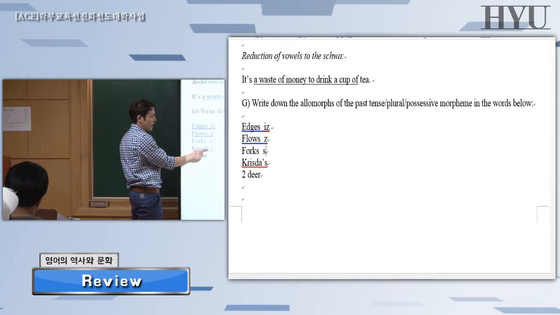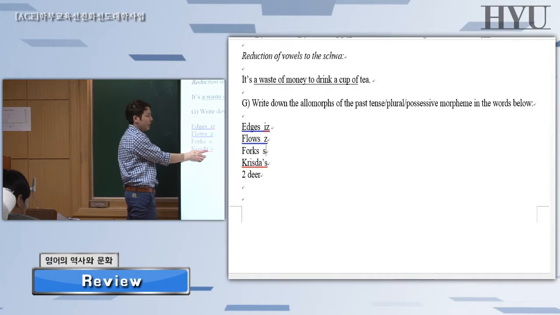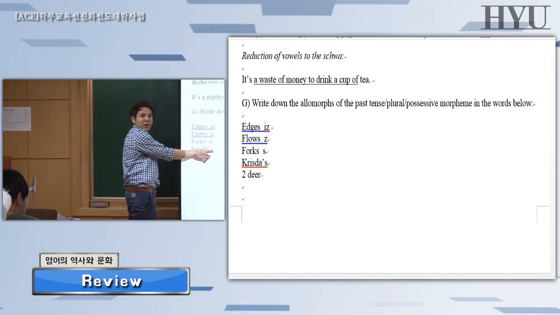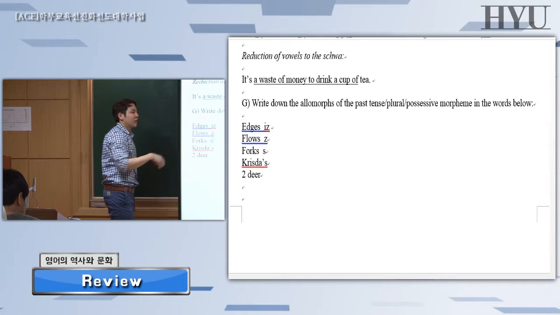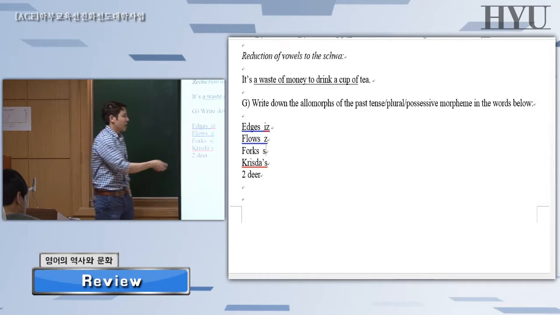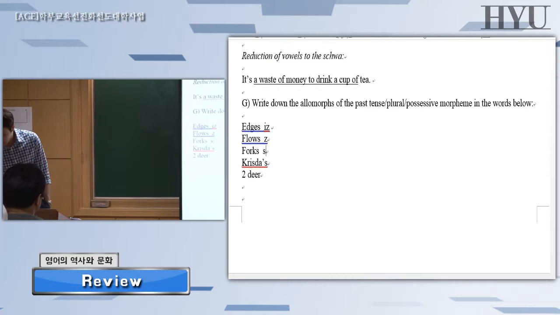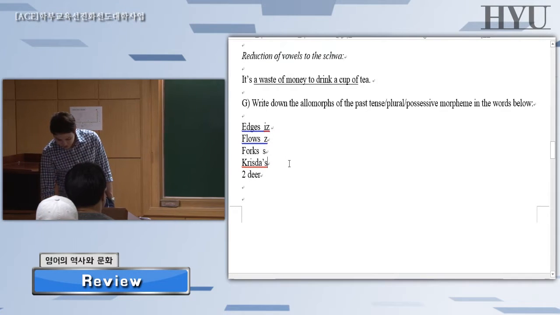Now we have Chris's. Chris's ends with a vowel, and all vowels are voiced. So S has to be voiced as well because of assimilation. So we have Chris's, Z instead of S.